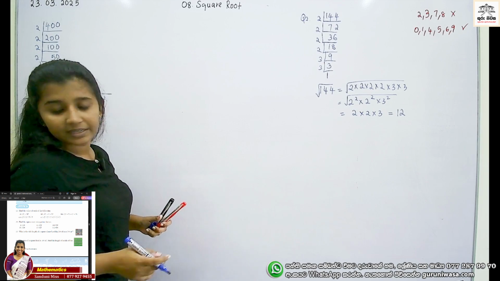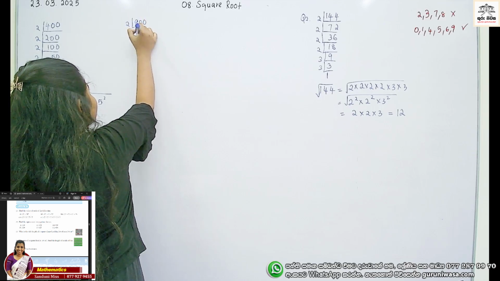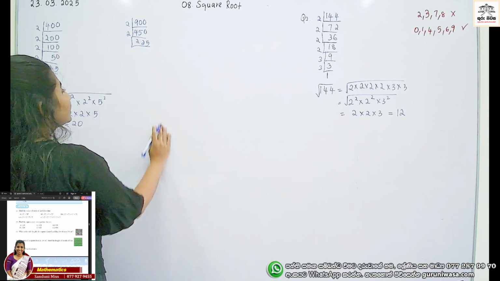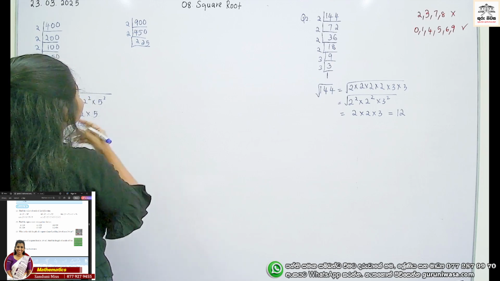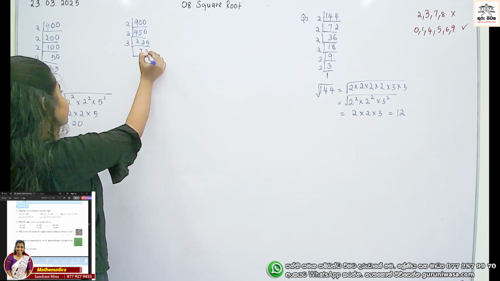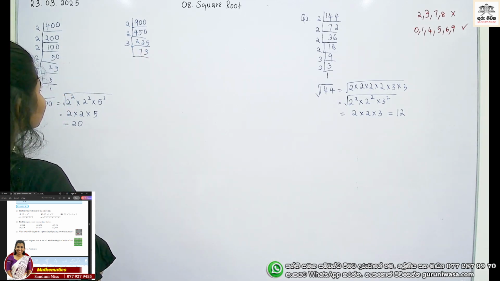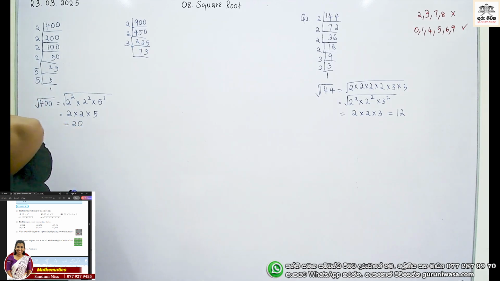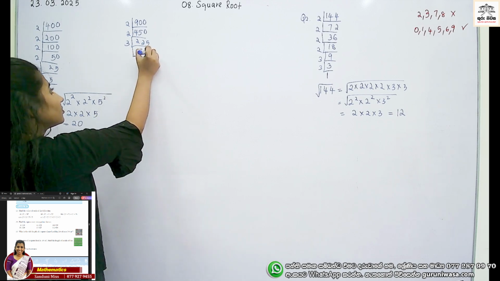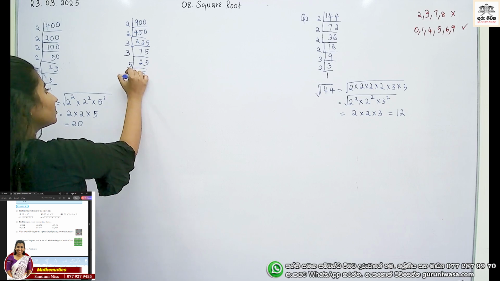Then I have 900. 450. 225. Then 3, 3, 5, 5, 1.